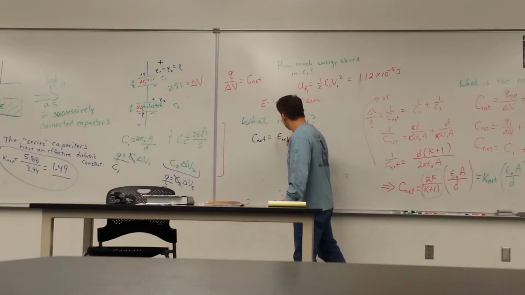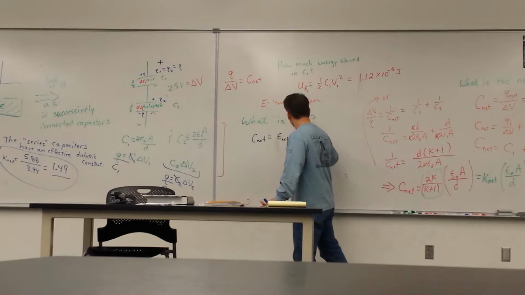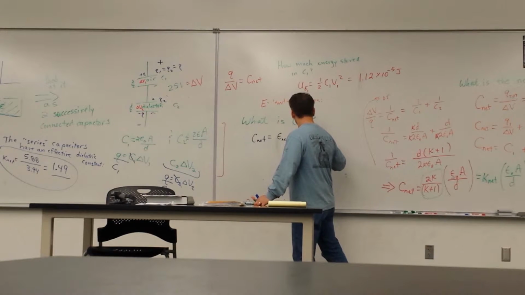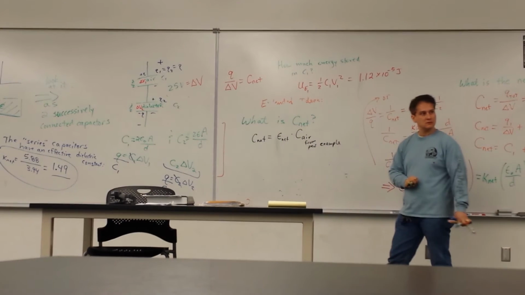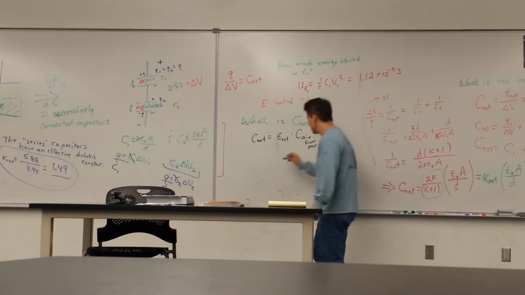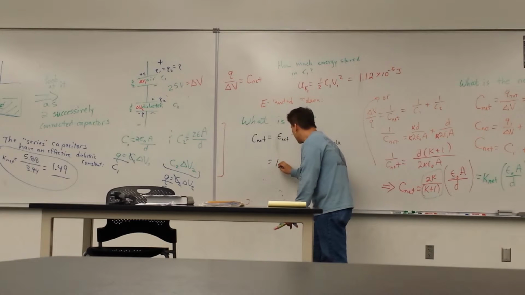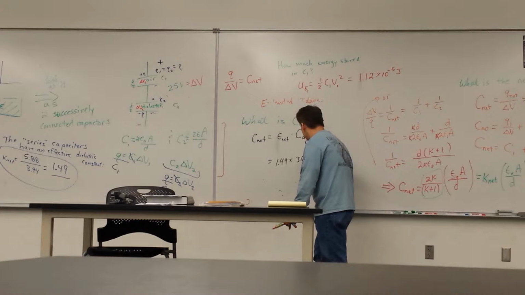So we have C net times C air from the previous example, 3.6 times 10 to the negative 8 farads. Okay, so it's going to be about 1.49 times 3.6 times 10 to the negative 8.